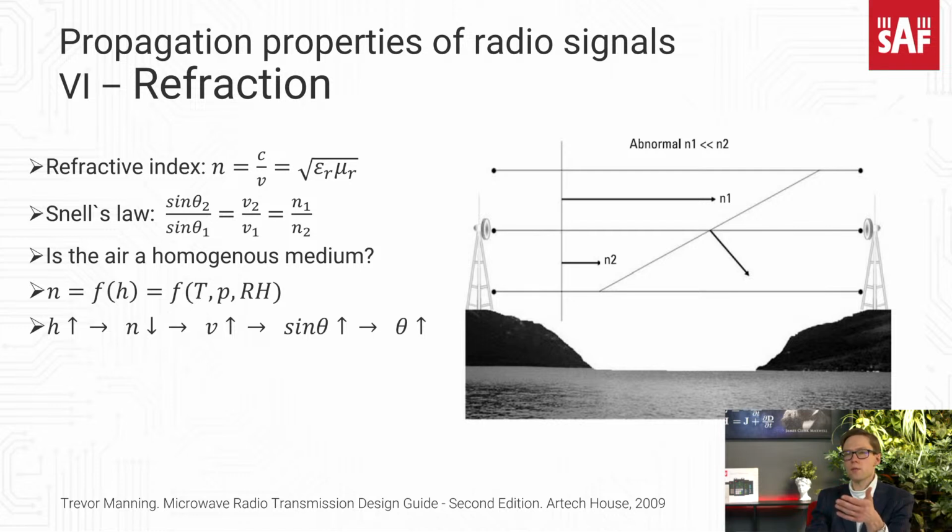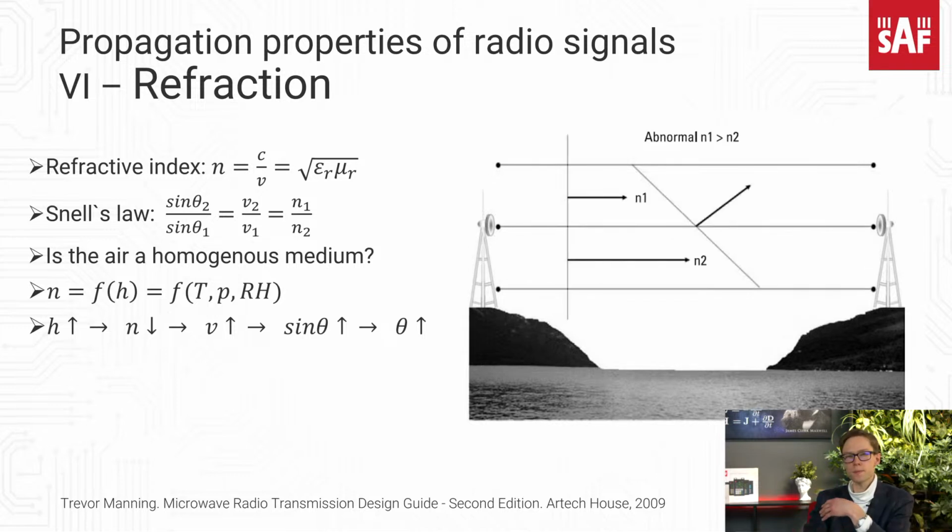When the radio beam is bent downward so much that it doesn't get through the distance of the link, it's not received even in the opposite direction by the receiver. And in the opposite case, which is also under some atmospheric conditions, it could happen that the refractive index gets larger with the altitude.